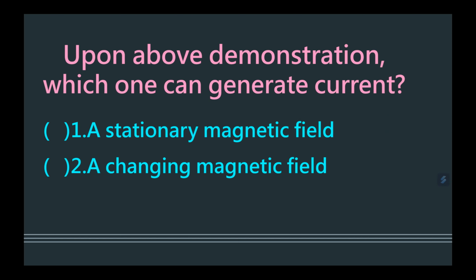So now, based on the above demonstration, I want to ask you which of the following magnetic fields can generate current. One is a stationary magnetic field, and the second is a changing magnetic field.